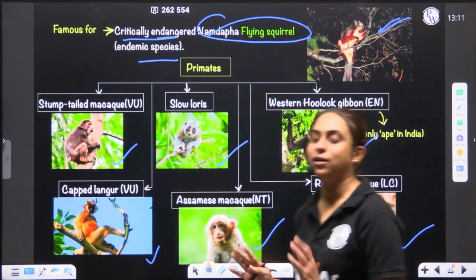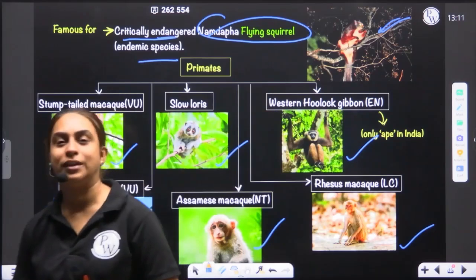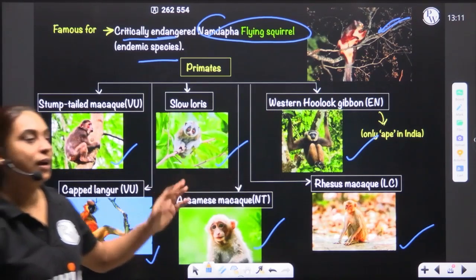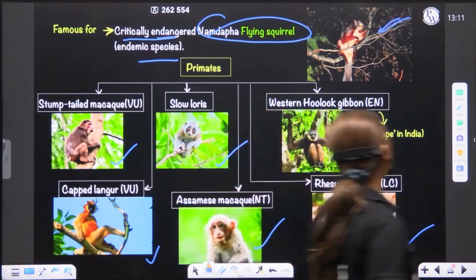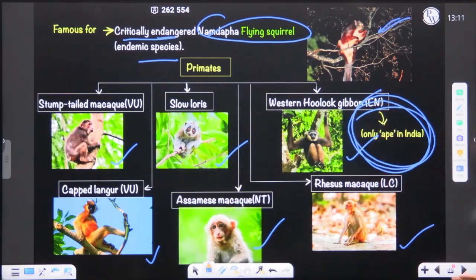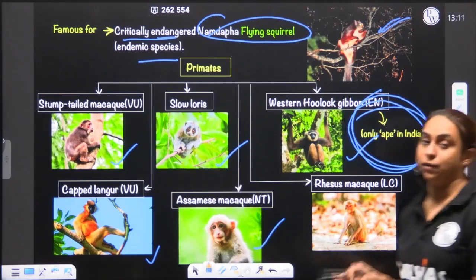So you have a lot of monkeys. You have the only ape in India, that is the hoolock gibbon, that is seen along Namdapha National Park. So a very interesting park, Namdapha National Park.